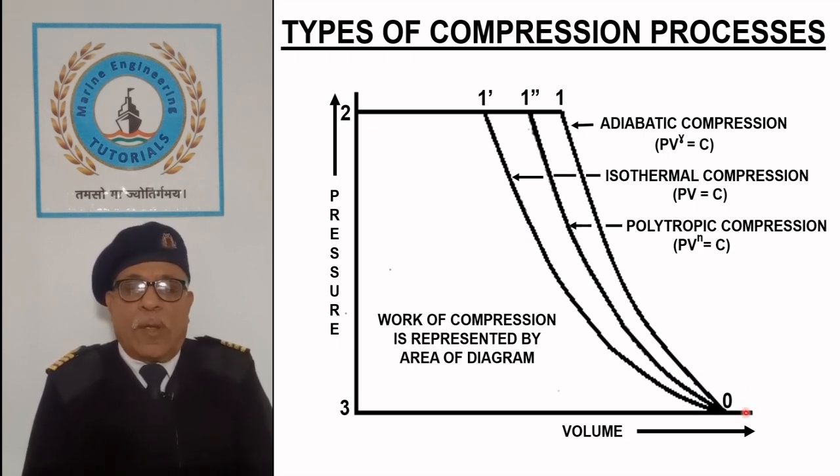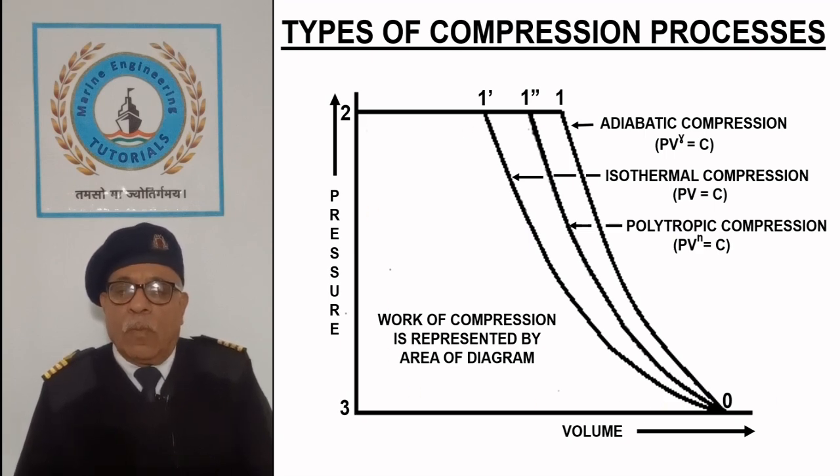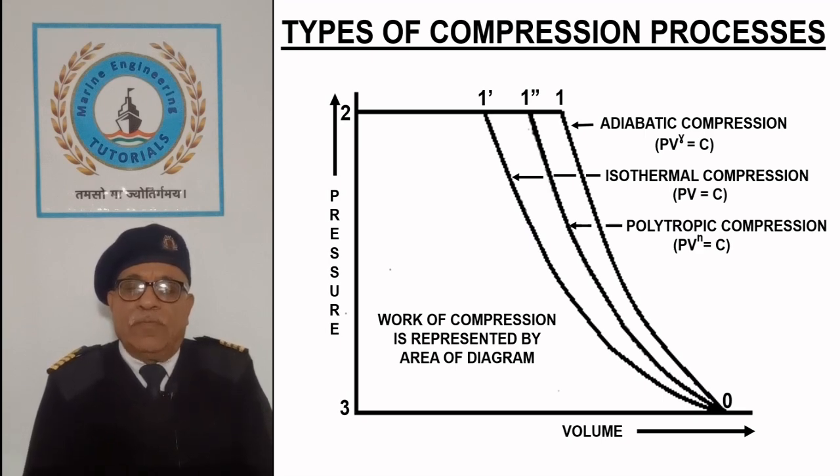Work of polytropic compression is given by the area 0, 1, 2, 3, 0. From this sketch, it is observed that isothermal compression requires the minimum work of all these compression processes, thus making it ideal compression process, although it may not be achievable.